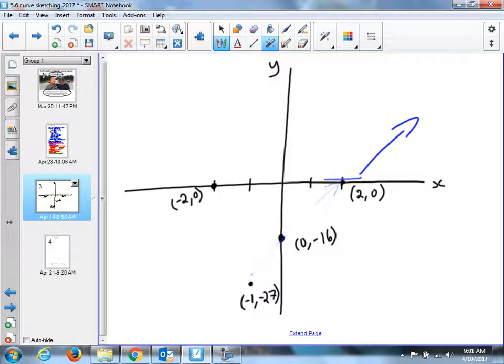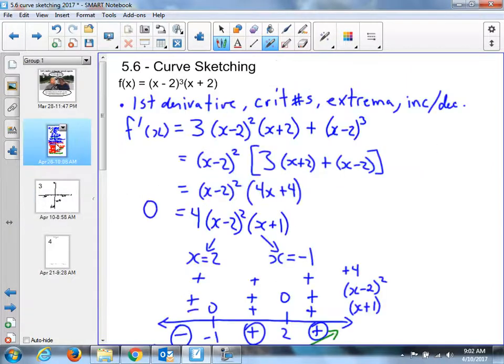Do you guys imagine this? It's gonna look like increasing, smooth. And do you guys remember from grade 11? When you have a factor that's odd, and it's greater than 1, odd degree. Do you guys remember that?